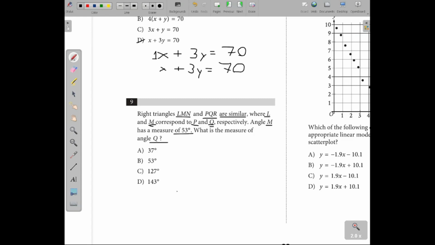So we have two right triangles. Let's draw that. This is 90 degrees because they are right triangles.